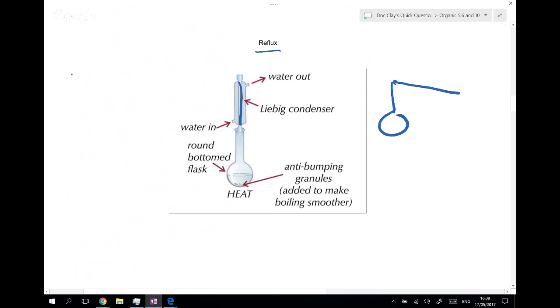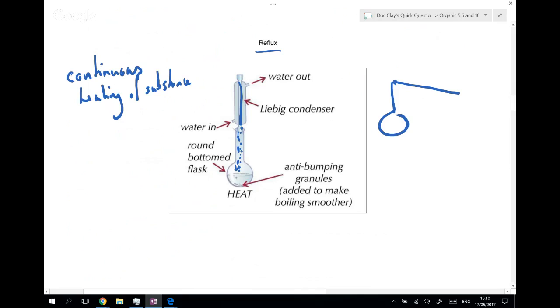What this allows for is the continuous heating of a substance, because whatever it is that you're reacting, you heat up, it rises up this tube, and then it cools as it gets to the cooling jacket, and it will condense and drip back down.